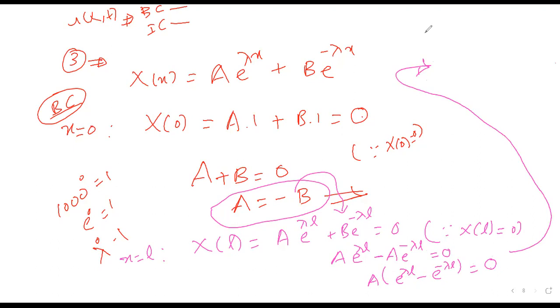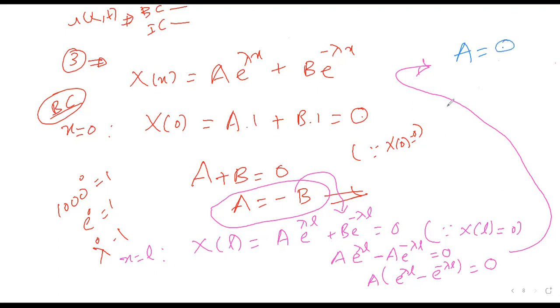So what do you think? a times (e to the power lambda L minus e to the power minus lambda L) is equal to 0. What do you think about a? Any ideas? I got one answer, correct: a is equal to 0.